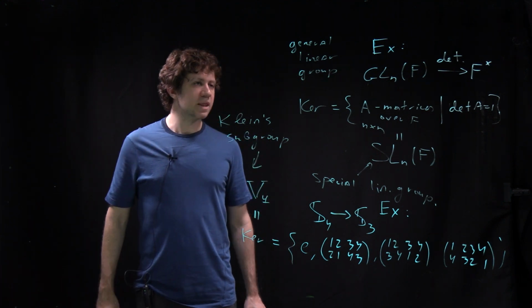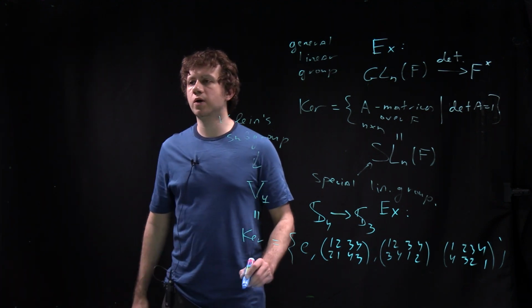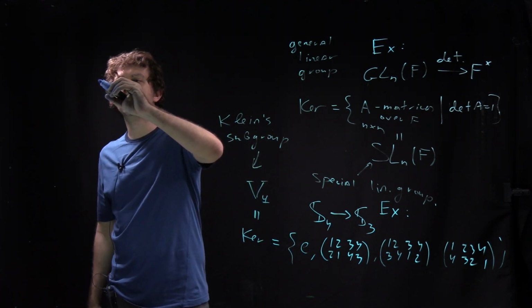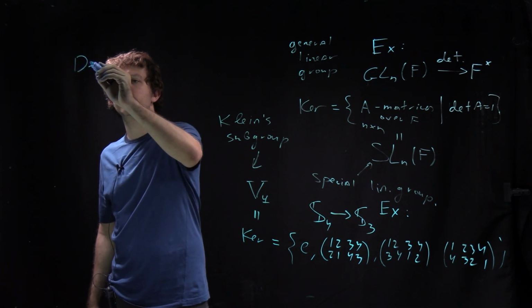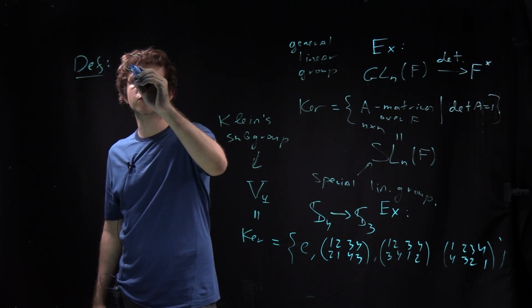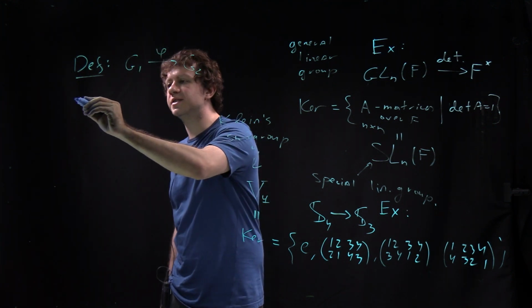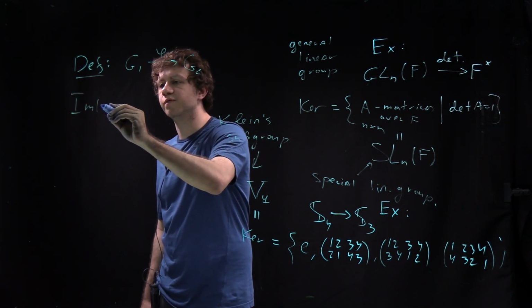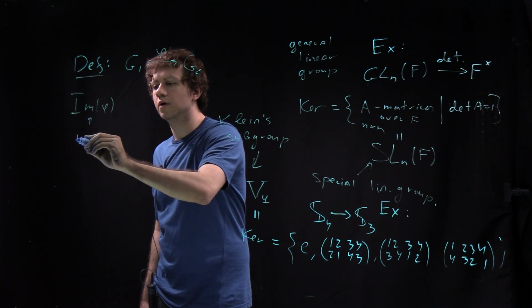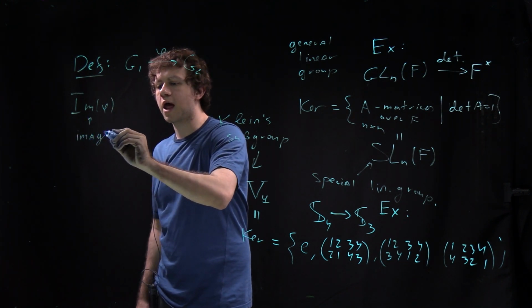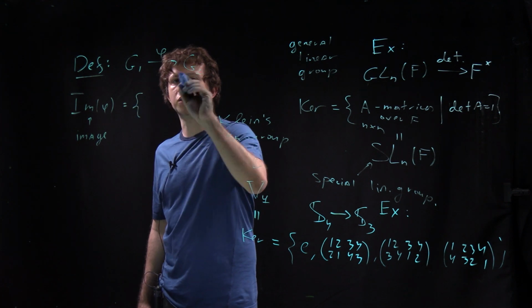Okay. So finally, I want to mention one last thing, another definition. If you have this homomorphism from G1 to G2 called phi, then one can look at the image. The image of phi, and this is a subgroup of G2.